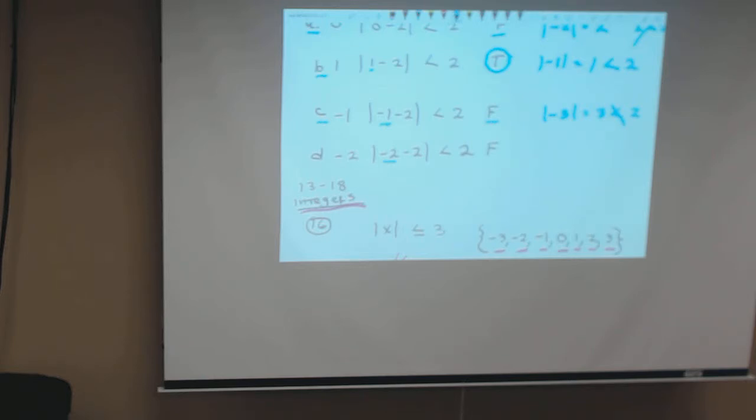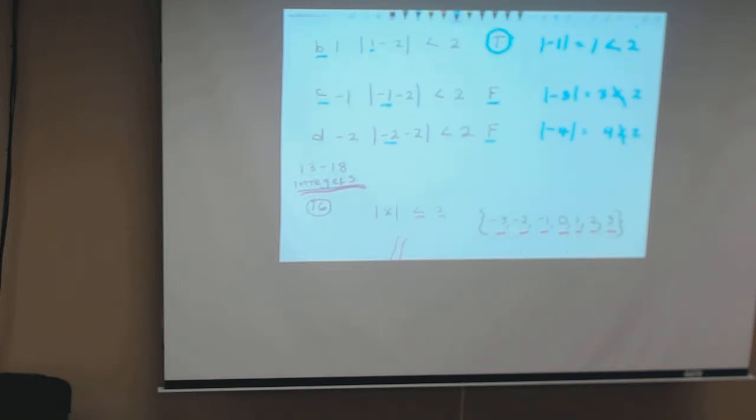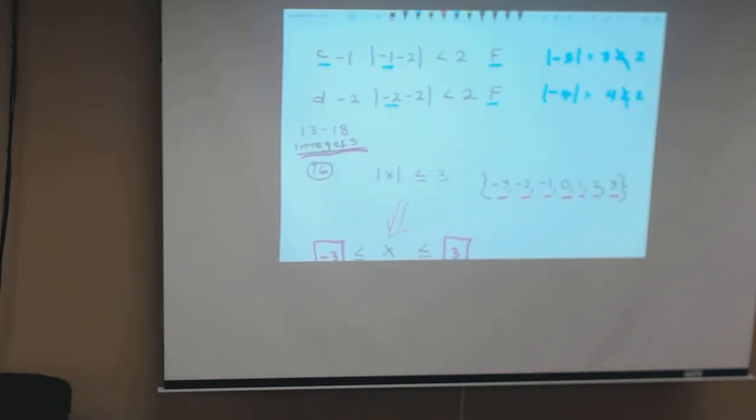What's negative 2 minus 2? Negative 4. What's the absolute value of negative 4? 4. Is 4 less than 2? No, so that's false. You got it? That's all we're doing. It's not rocket science. It's just absolute value. Although rocket scientists use absolute value, it's not that complicated yet.